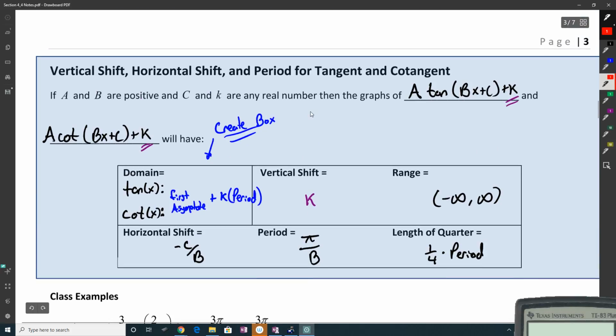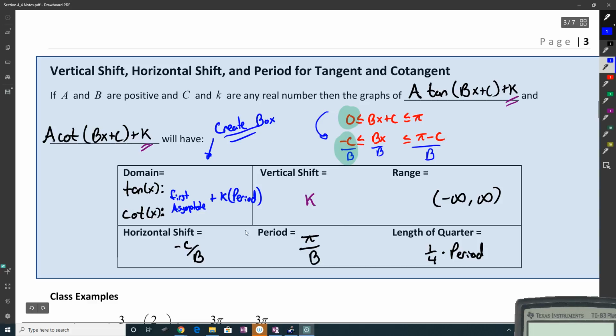Just real quick, if you wanted to prove the horizontal shift and the period, you can. So if I subtract c, I have negative c, bx plus c pi minus c, and then I can divide by b. And notice that gives us the horizontal shift. The graph went from 0 to negative c over b.